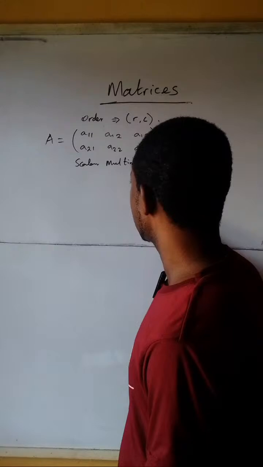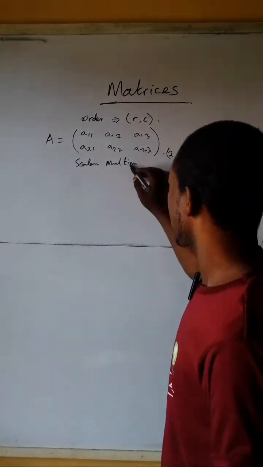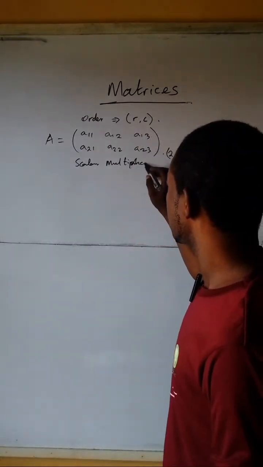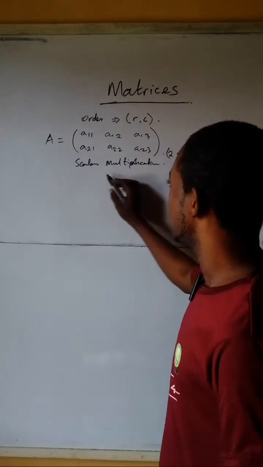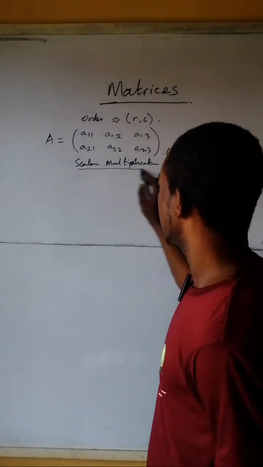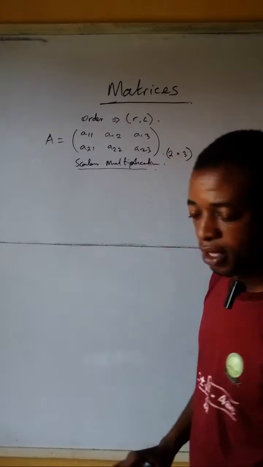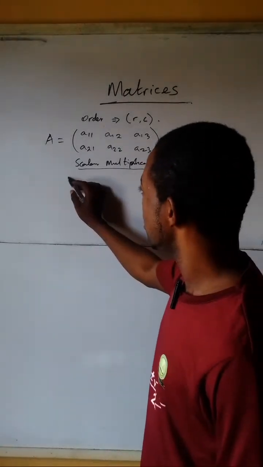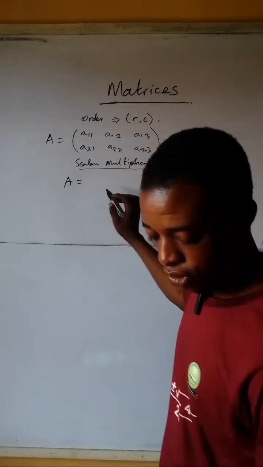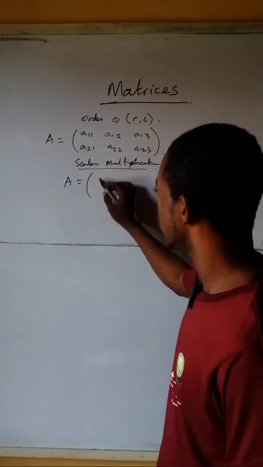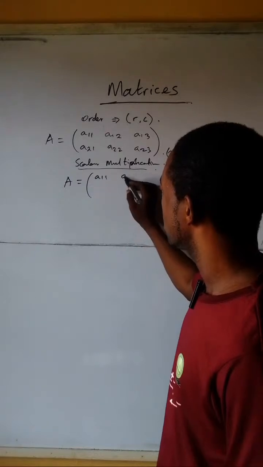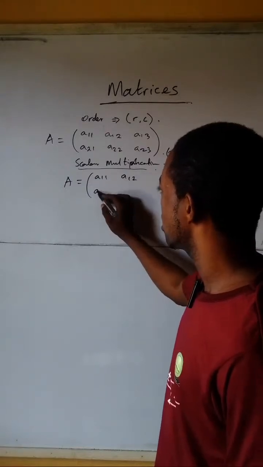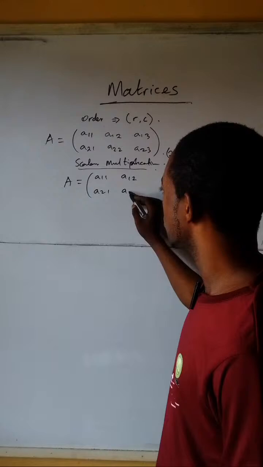Scalar multiplication of matrices. That is, if we have a matrix, let's say A is a matrix, which is a 2 by 2 matrix. We have A11, A12, A21, A22.